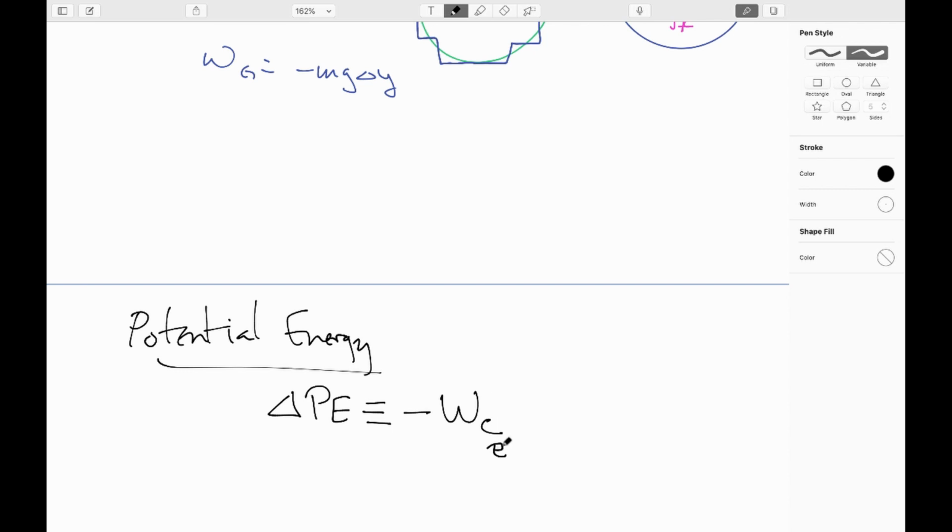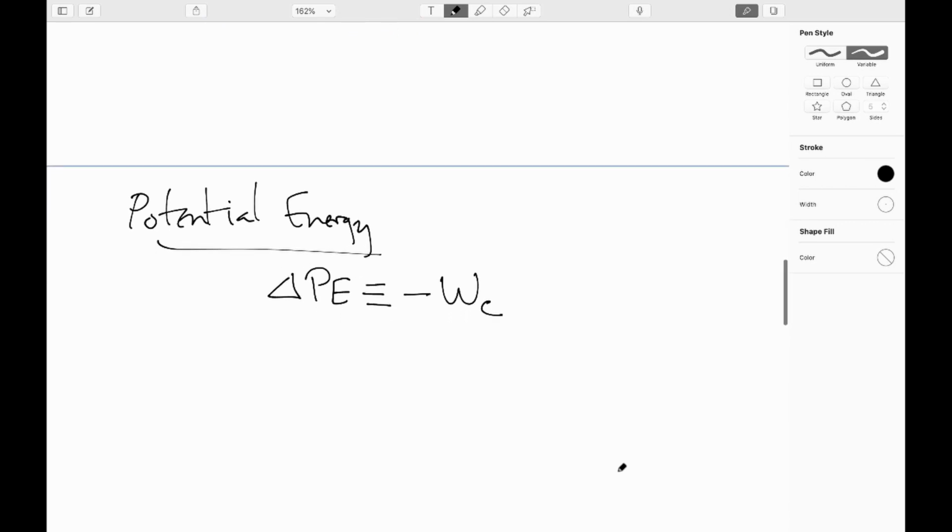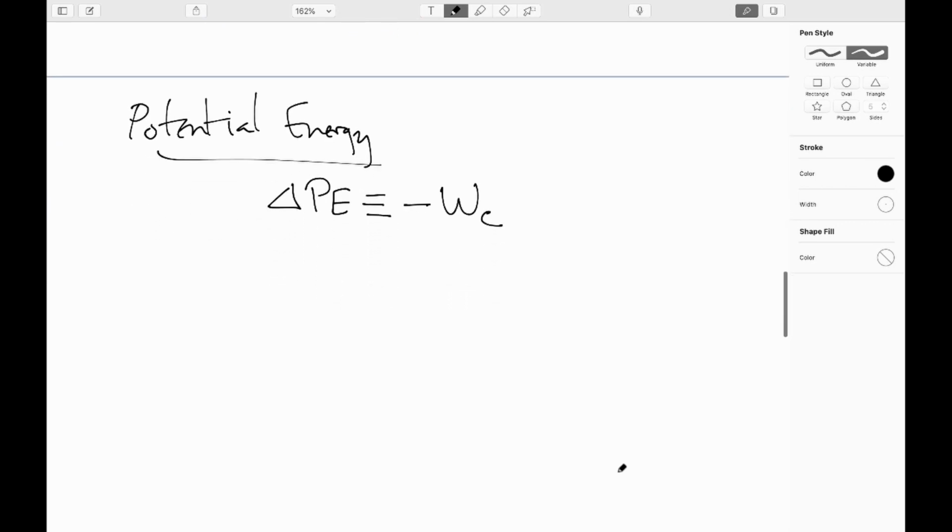So this C is for conservative. This is a definition of potential energy. Loosely, what it means is the potential to do work. That's where the term potential is coming from. Now, you are free to choose the function.